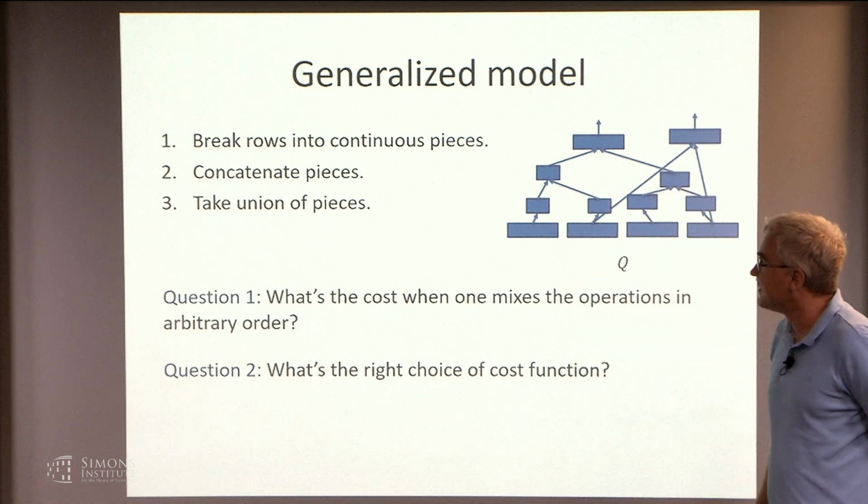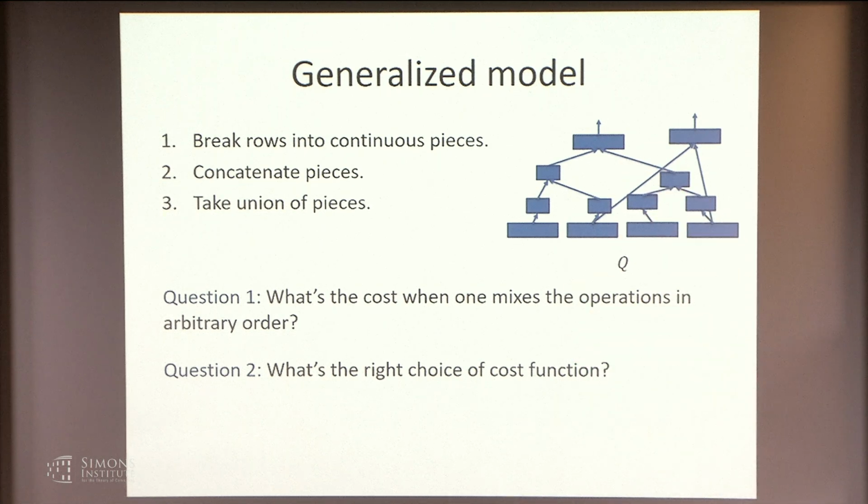So the next step would be how to generalize this model. And that's tricky, because if you try to generalize the model, you have to decide what the operations are going to be. You have to decide what the charging scheme will be, so how much you are going to pay for various operations.